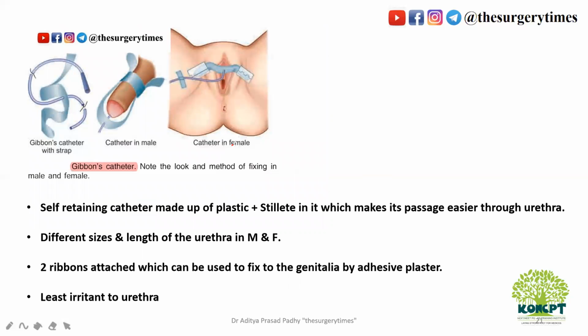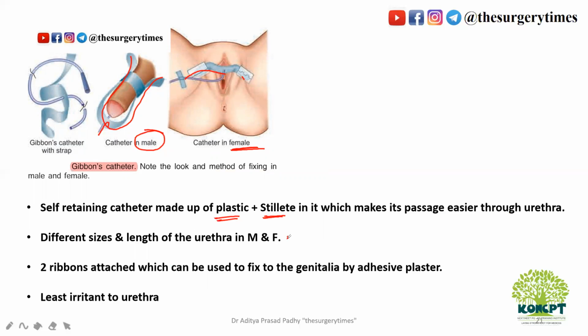Now our last type of catheter is the Gibbon's catheter. In the Gibbon's catheter, you can see one strap is here, and the catheter is present inside. This is in male, and this is a Gibbon catheter in female. You can see how the strap is used. It is a self-retaining catheter made up of plastic plus a stilette in it, which makes the passage easier into the urethra.